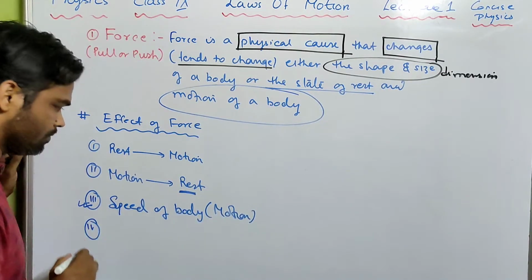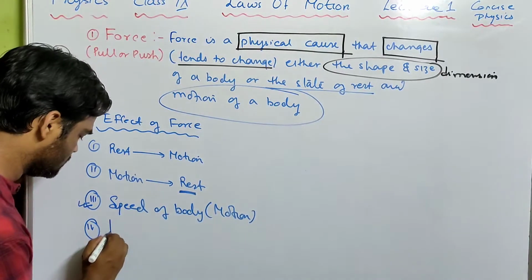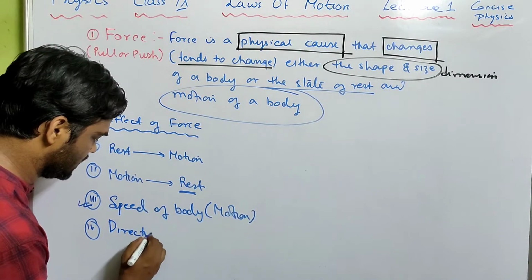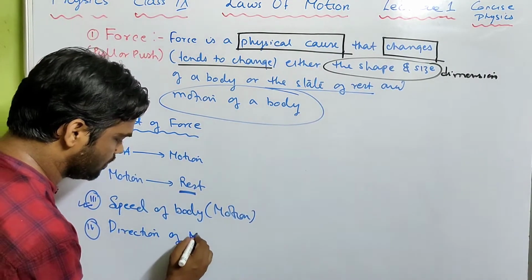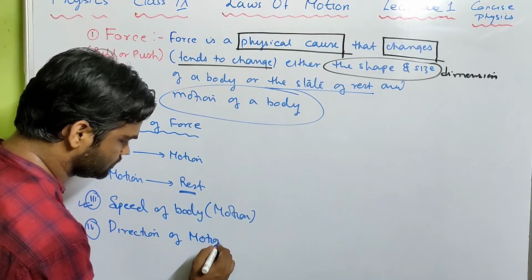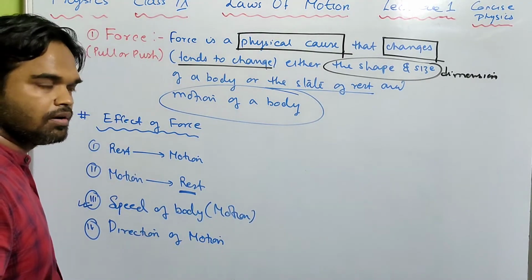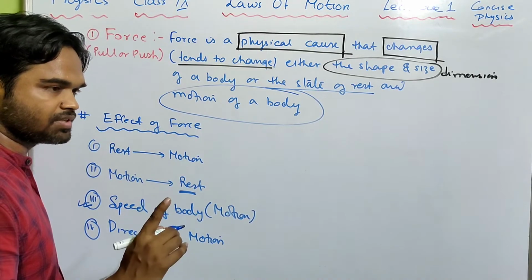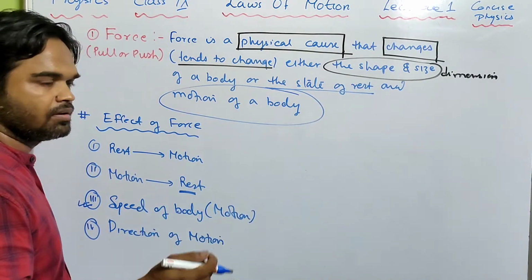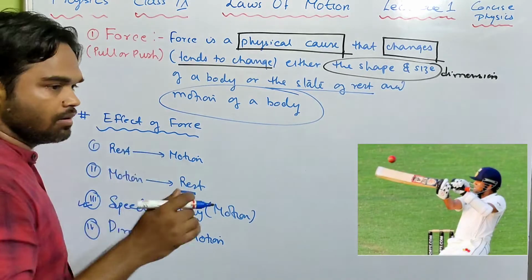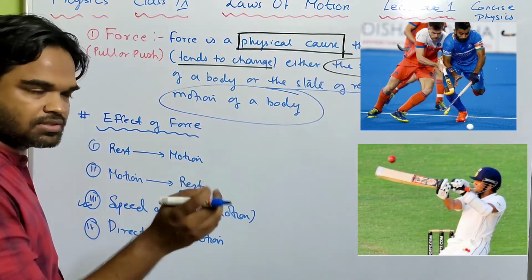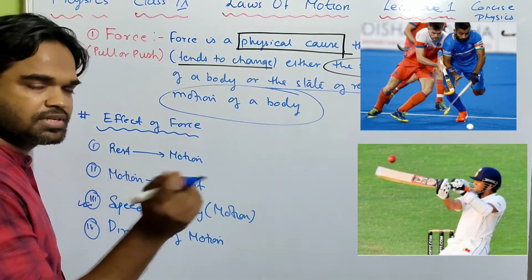Number 4. You can change the direction of motion of the body. For example, again, when you play cricket, the batsman hitting the ball changes the ball's direction.